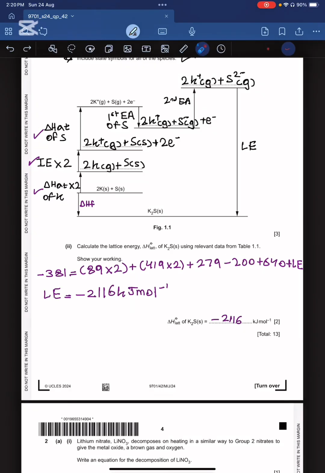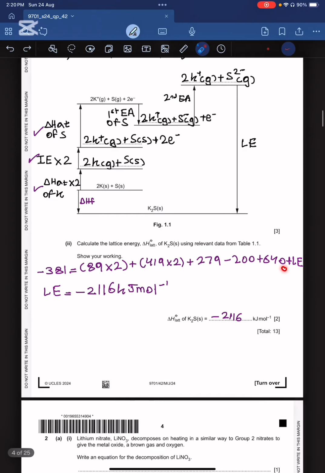Now, one mistake that students make while writing this single variable equation is they say, oh, lattice enthalpy is supposed to be negative, so why shouldn't I write this as minus lattice enthalpy? The thing is, when you write minus lattice enthalpy, the answer will become plus 2116 kilojoule per mole.